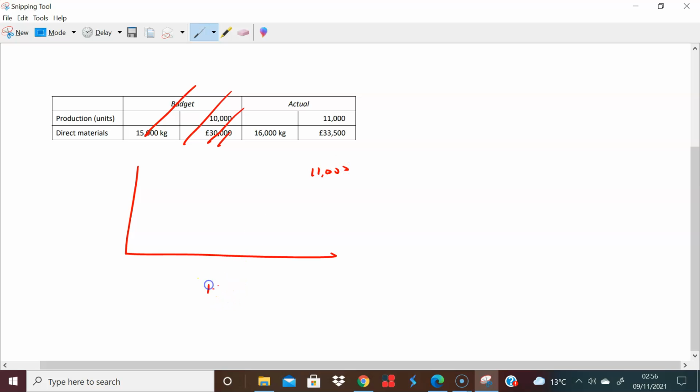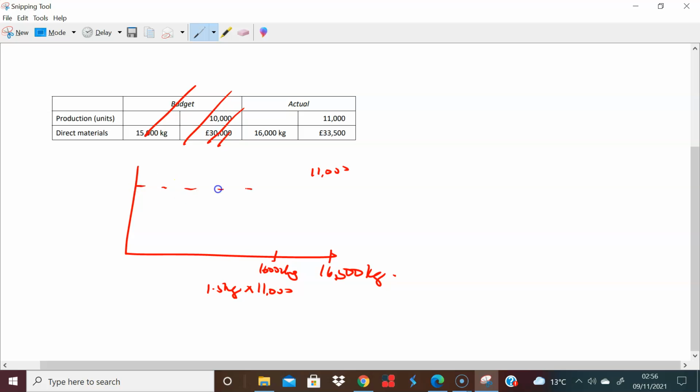You should have used 1.5 kilograms per unit, and 1.5 times 11,000 gives 16,500. So you should have used 16,500 kilograms. You used 16,000 kilograms. Well done.